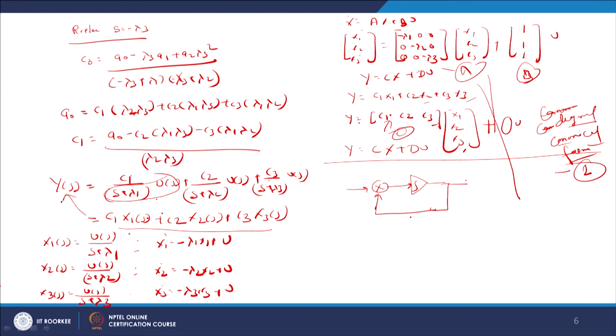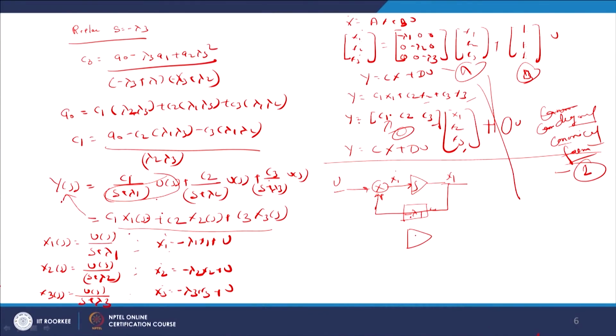What is the state? First state is x1, and how does it come? From x1 dot. See this equation, x1 dot equals minus lambda 1 x1, that means here we have to use minus lambda 1, plus u, that is u is there. So x1 dot equals minus lambda 1 x1 plus u.